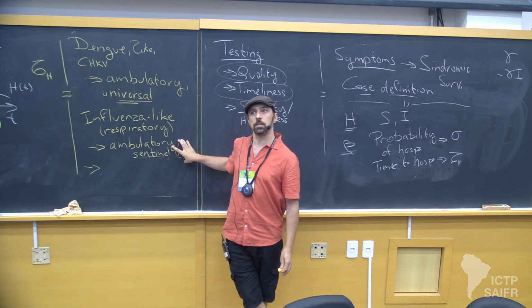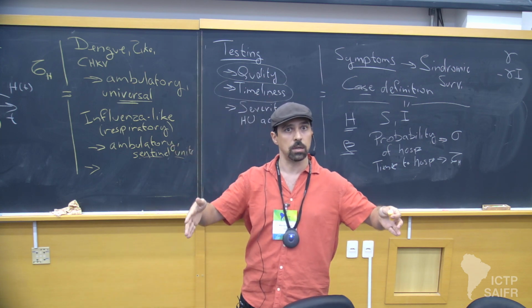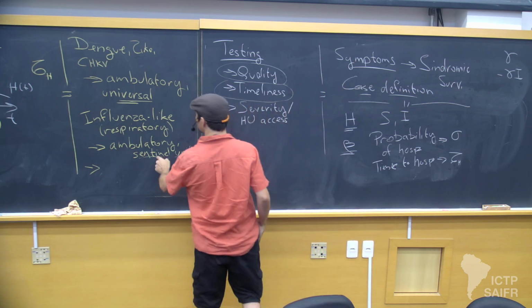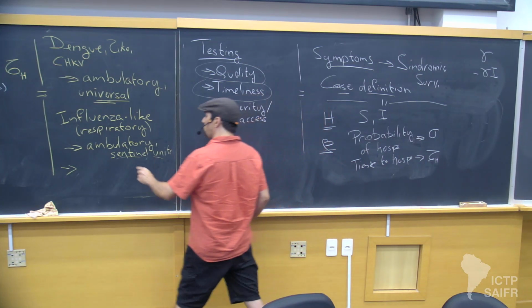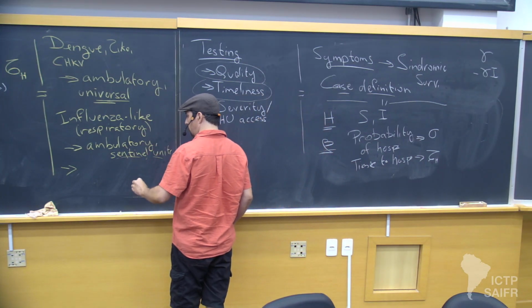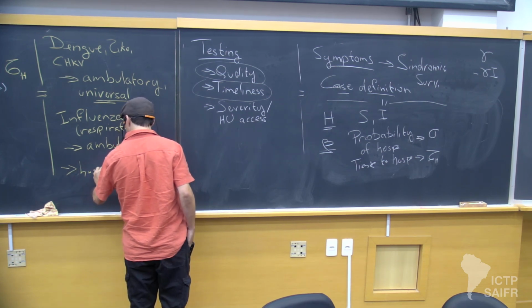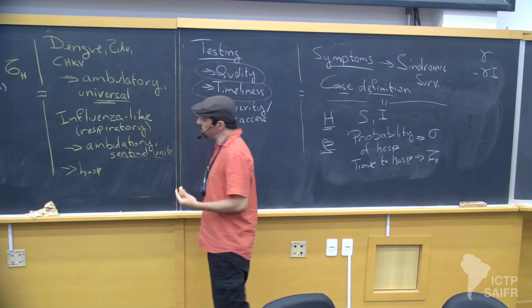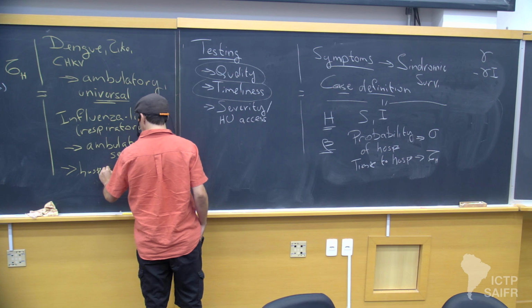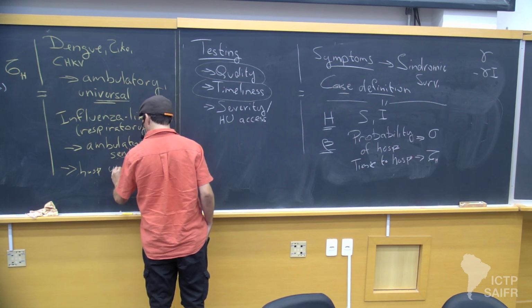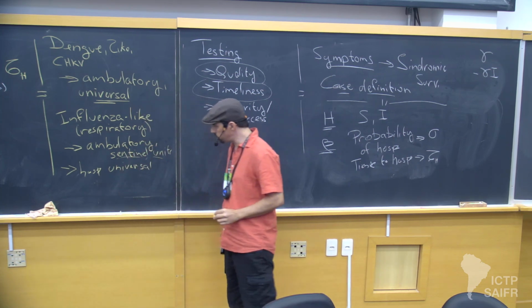What is the impact of that? That I'm only seeing, again, a fraction of what is going on. So this is the opposite of having a universal surveillance. We will go into some of the details in a few moments. And then we have hospitalized cases, which in Brazil and also in a few countries, is at least in theory universal.